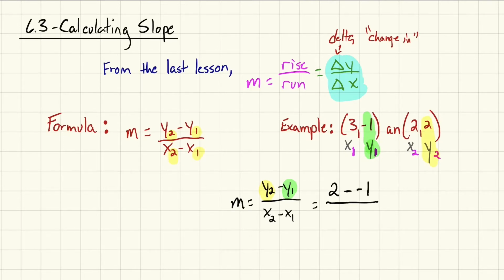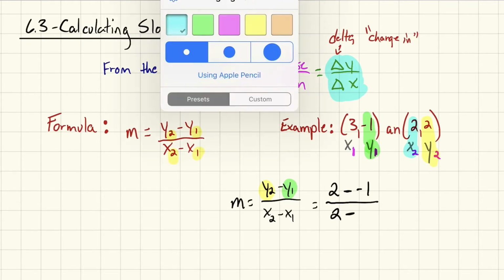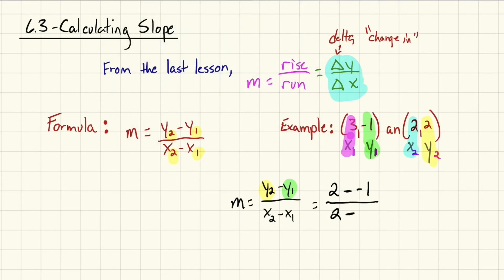And now we do the same thing with the x's. Start with x sub 2. X sub 2 is 2. We're going to subtract x sub 1, and x sub 1 is 3.